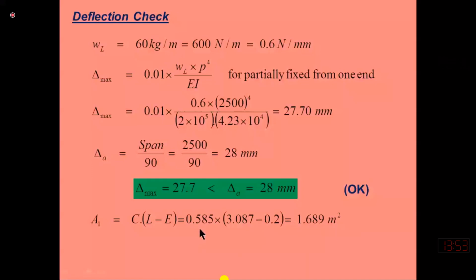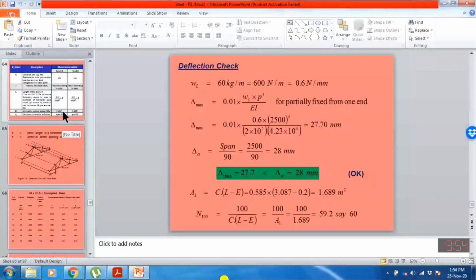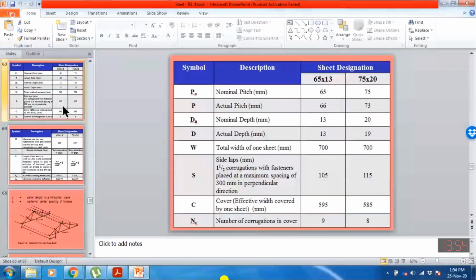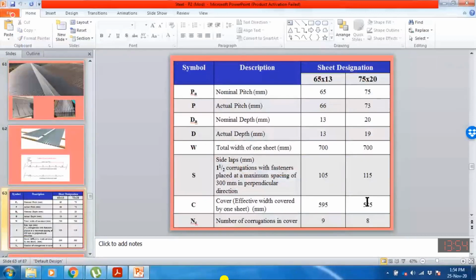So 585, this value is already available in this table. If the total width of the sheet is 700 millimeter, then the cover will be 585, because we need to subtract half side lap from one side and half side lap from the other side. So 700 minus 115 is equal to 585.